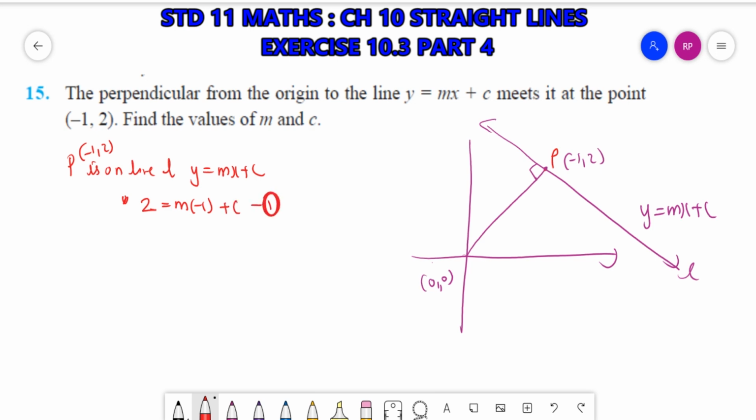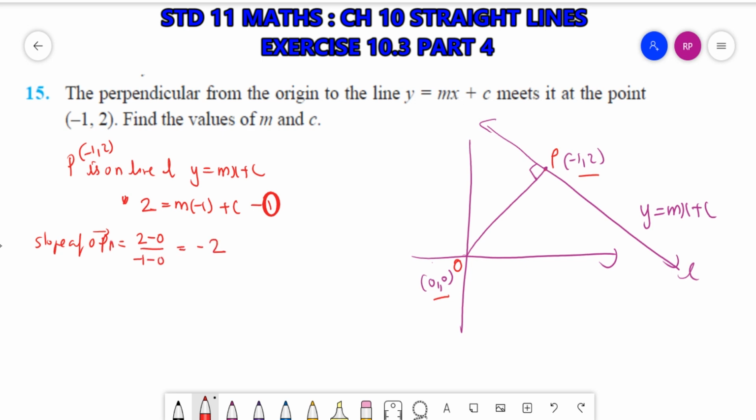Clear? Let's name this as equation 1. Now, if I want the slope of line L, we know that OP is perpendicular to L. So, slope of OP first, that will be equal to y2 minus y1 upon x2 minus x1. So, this is x2, y2, x1, y1. 2 minus 0 upon minus 1 minus 0, so that will be equal to minus 2.